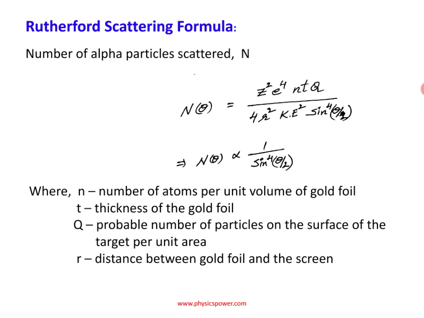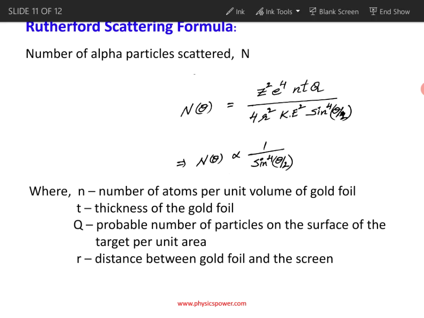Okay. Now I don't want to go through the entire derivation, I just want to give one detail about the number of particles reaching the ZnS screen. For numericals, you should remember this: the number of alpha particles reaching the ZnS screen is inversely proportional to sine to the fourth power of half of the scattering angle.